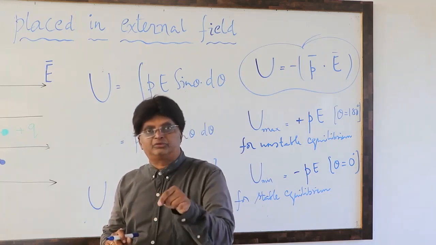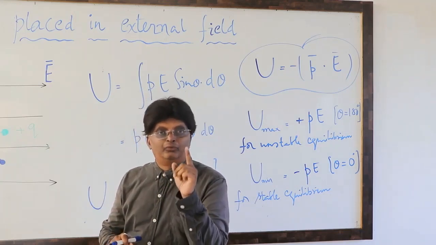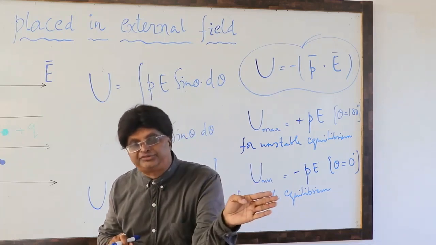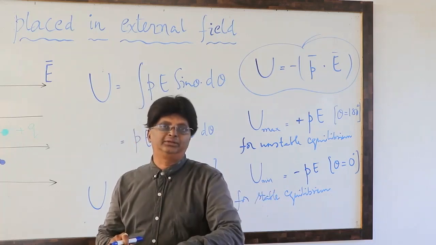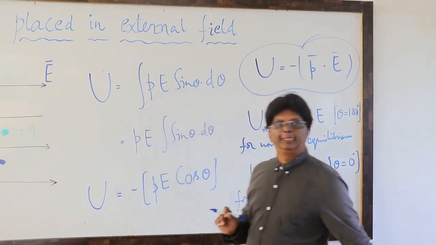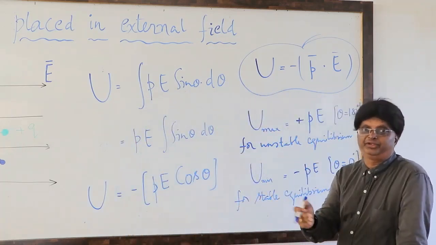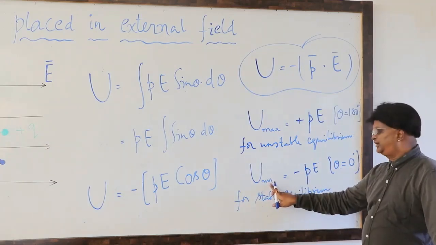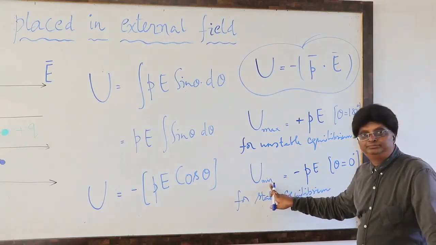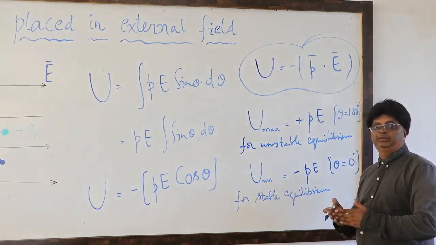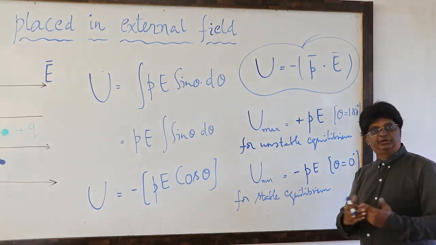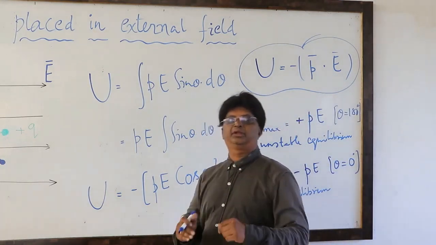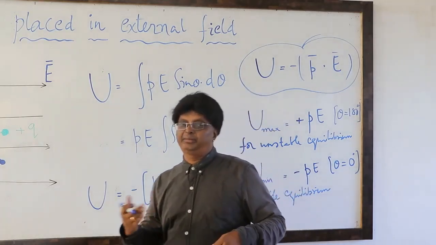Now let us put a question, why so? Why does the dipole experience the torque and always tend to align in the direction of the field? Here is the answer. In the direction of the field means theta is equal to 0 degrees. At theta equal to 0 degrees, potential energy is minimum. And what is the kind of principle in nature? Always lesser and lesser energy, more and more stability.